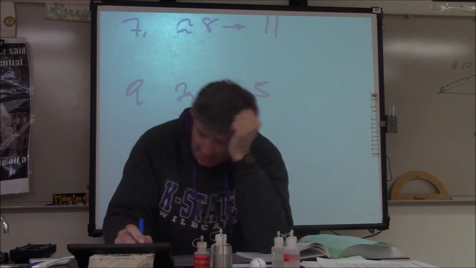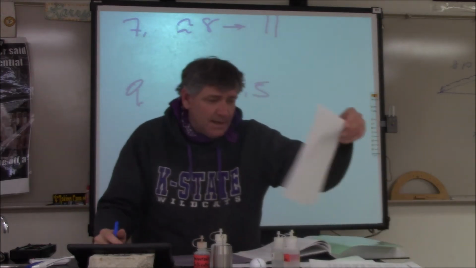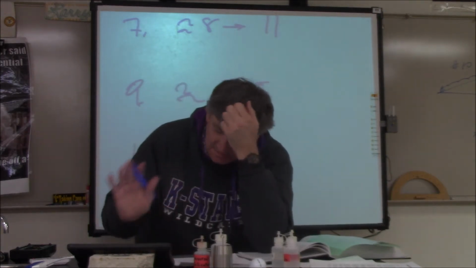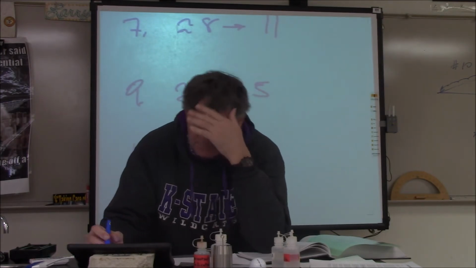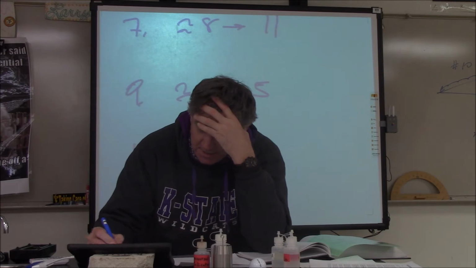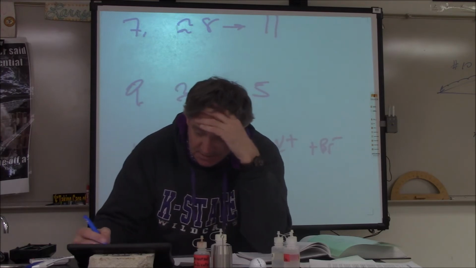And when you get to number 10, when you're trying to figure out what those salts are going to do, let's look at, for example, that potassium bromide. If you take potassium bromide and you put that in water, you have potassium and you have bromide ions. That's what it's going to ionize into.